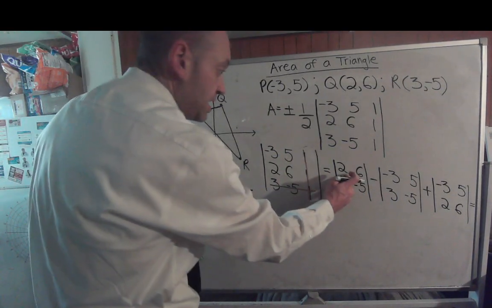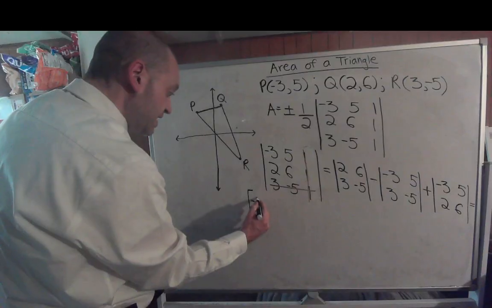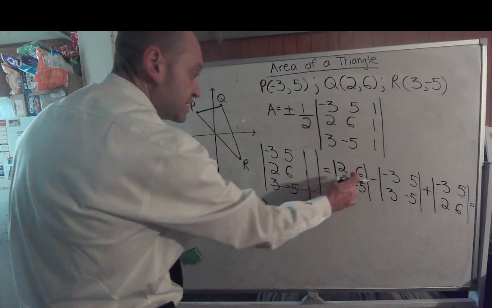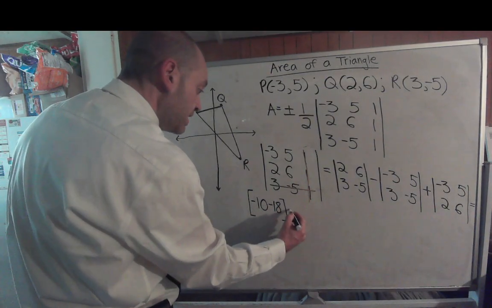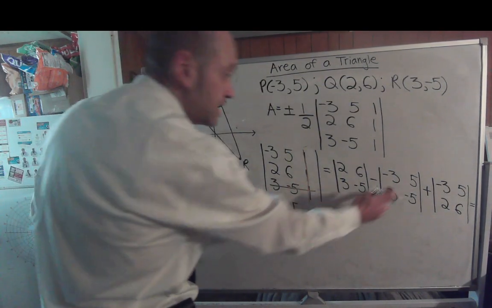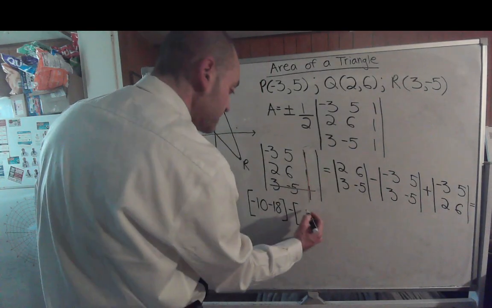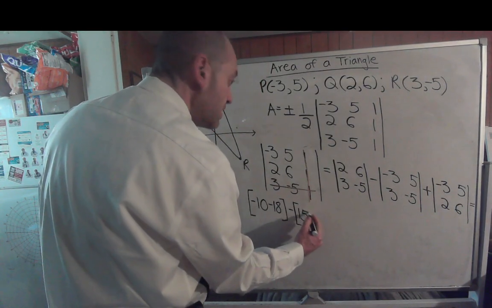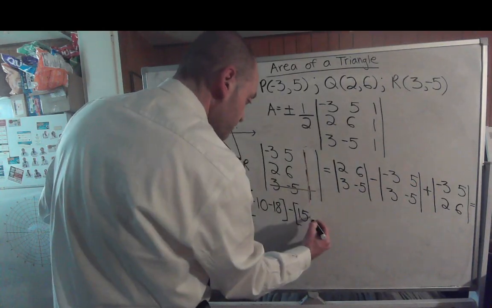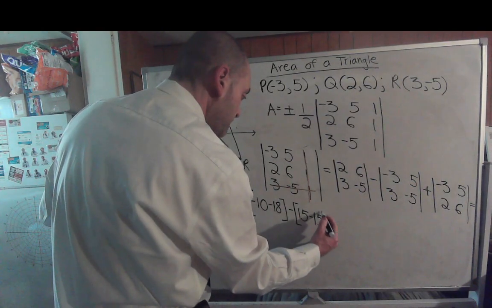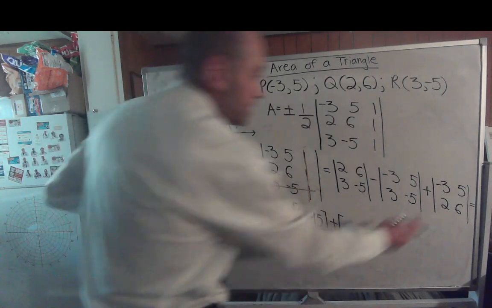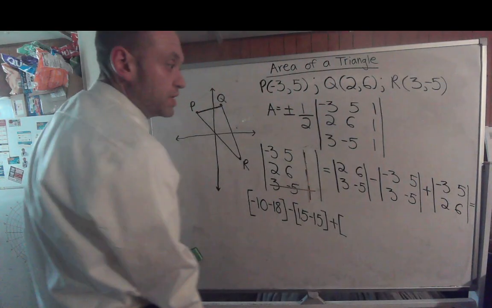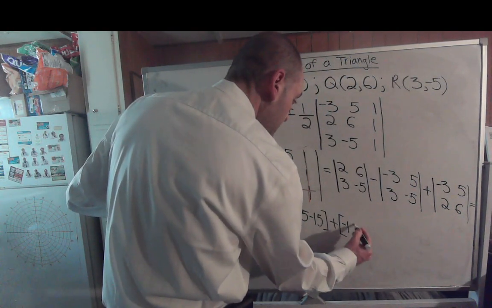So 2 times negative 5 is negative 10, minus 6 times 3, so that's minus 18. Minus your next determinant. Alright, negative 3 times negative 5 is positive 15. Minus 5 times 3, that's negative 15. Plus your final determinant. Well, negative 3 times 6 is going to be negative 18.